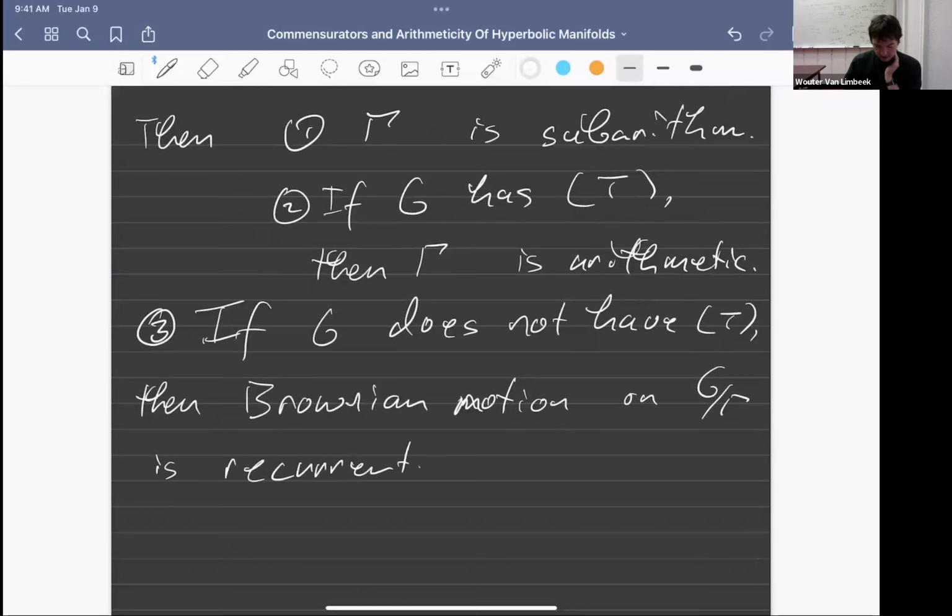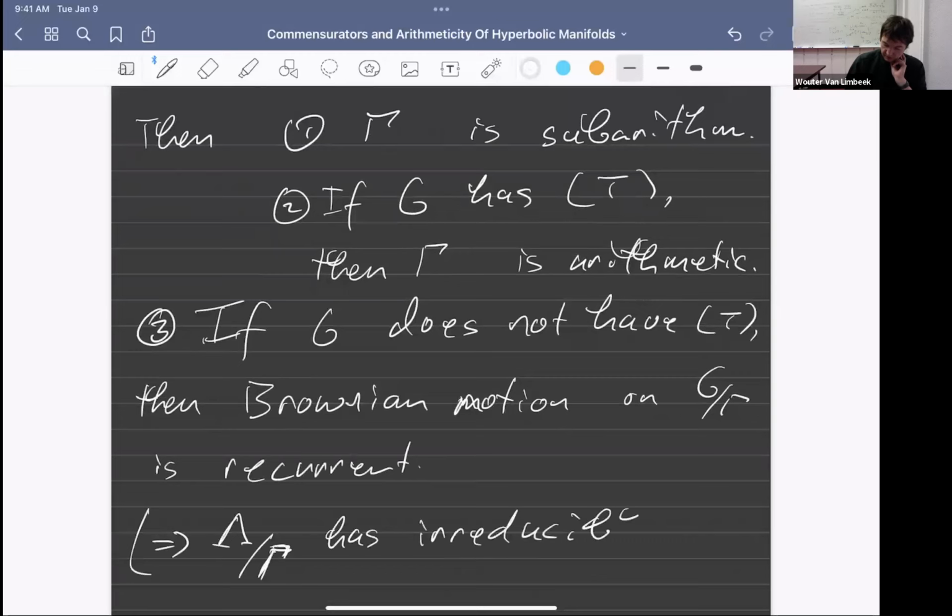And this also implies, not trivially, but we can make it work, that lambda mod gamma as a graph has an irreducible recurrent random walk.